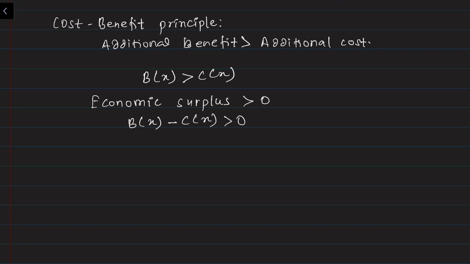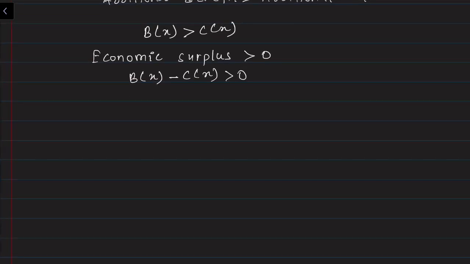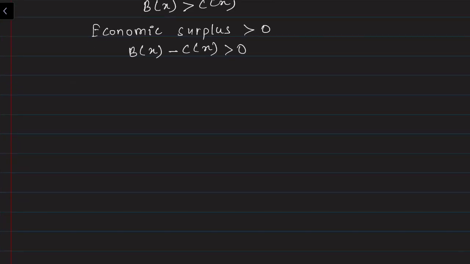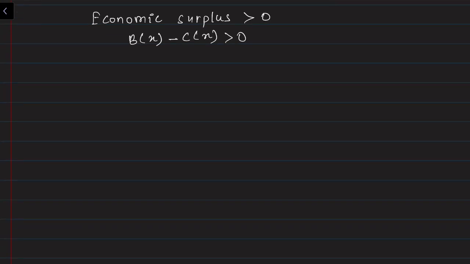Now let's consider an example. Let's say you want to consume ice cream and you are trying to decide how many scoops of ice cream you want to consume. So here the economic surplus refers to your happiness.